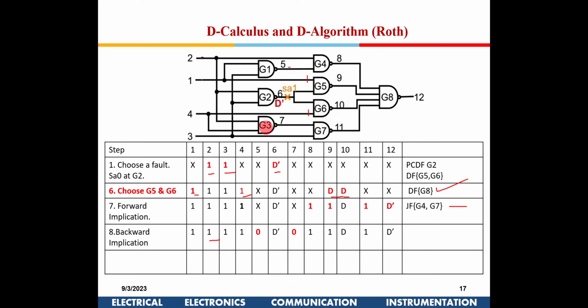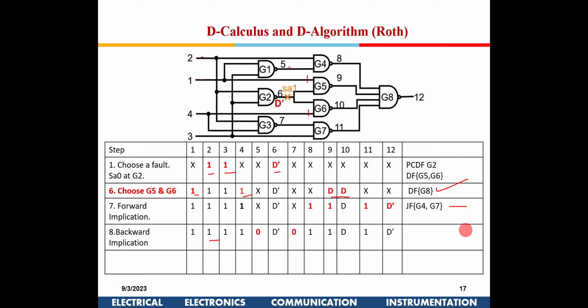This is G3. For G3 I have one input as 4, one as 2, and 4 and 2 are 1, so obviously the output will be 0, so there is no clash. Similarly for 5, 1 is 1 out here, 3 is also 1, so there is no clash. So now this is the final answer.